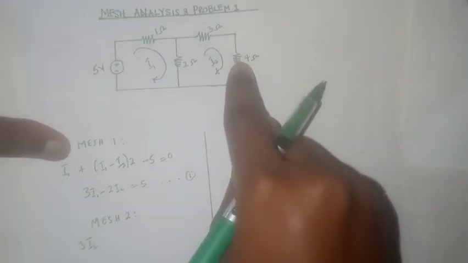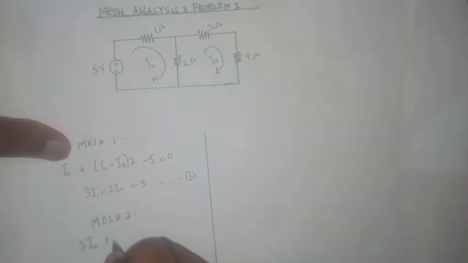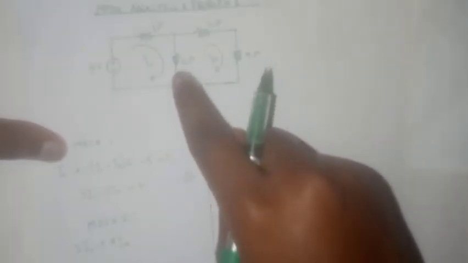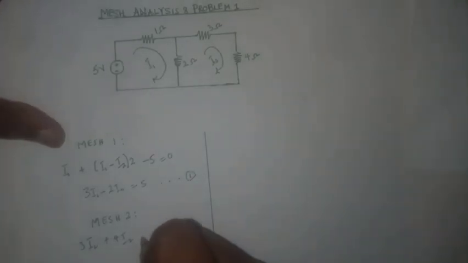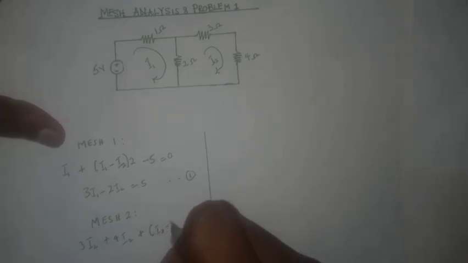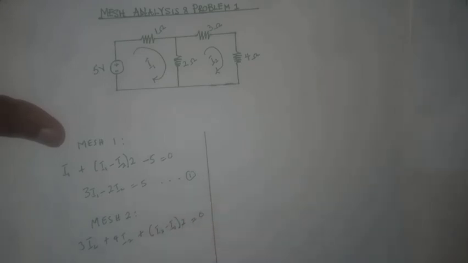Then the voltage drop across this one would be plus 4I2. Then the voltage drop across the 2 ohm resistor with respect to mesh 2 would be plus open bracket I2 minus I1 multiplied by 2. Then we equate everything to 0.